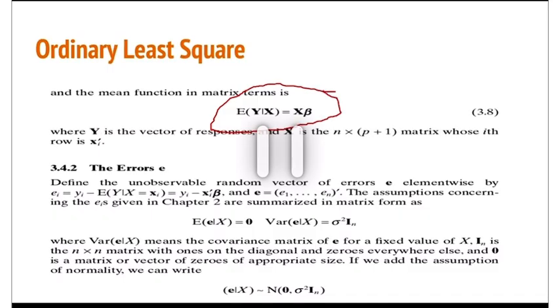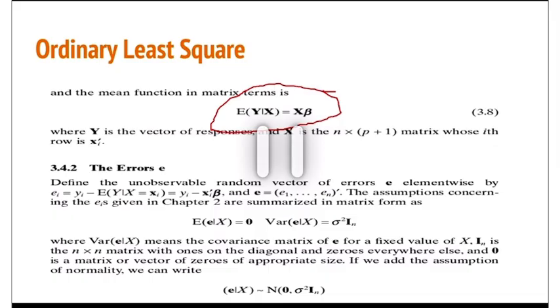Equation 3.8 is a way to present the mean function of multiple linear regression in matrix form. X is called a design matrix, and that very X has a lot of features. It's not one.